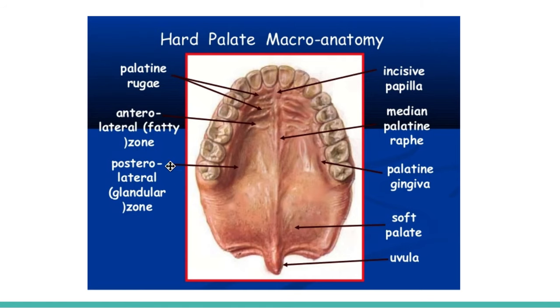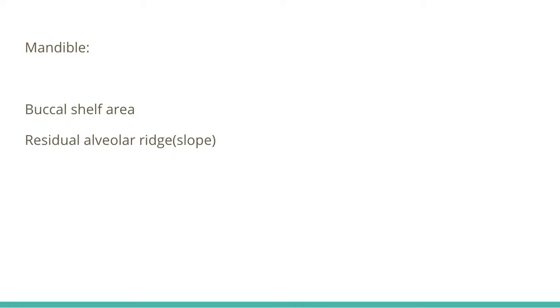And you can see it here as well. You have the rugae, tuberosity, anterolateral zone of the hard palate and the posterolateral zone of the hard palate. And in the mandible, you have the buccal shelf area and the slope of the residual alveolar ridge.